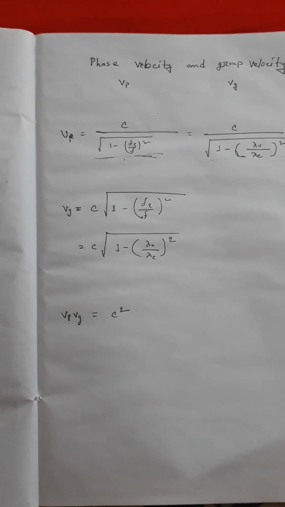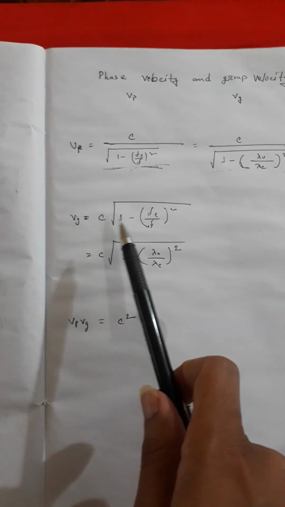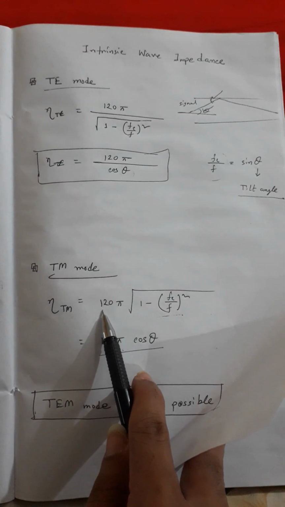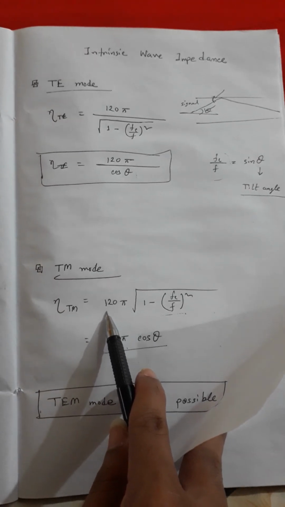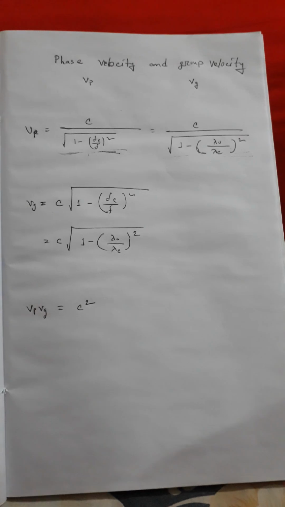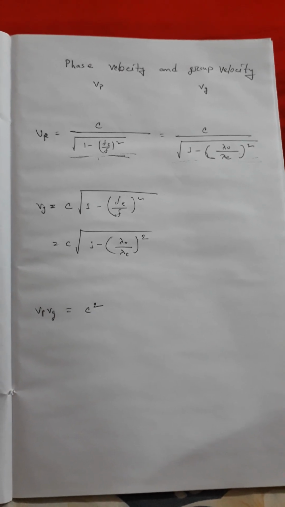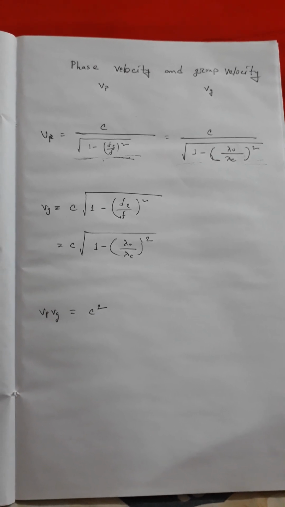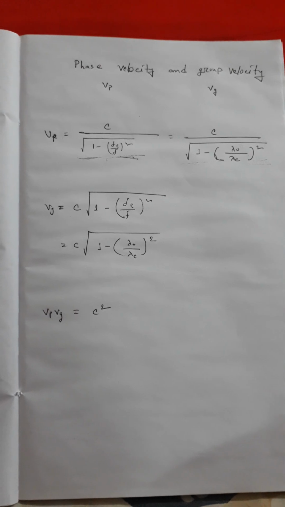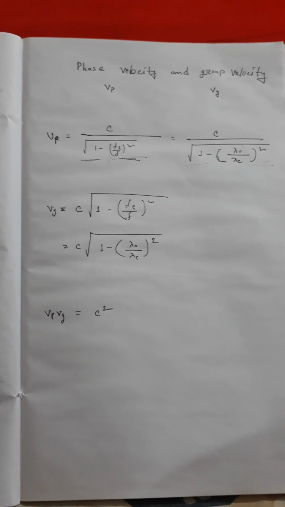And similarly, for group velocity Vg, c will be multiplied. Before, for the intrinsic impedance we had 120 pi, and for velocity we have c, because it's the velocity of light.